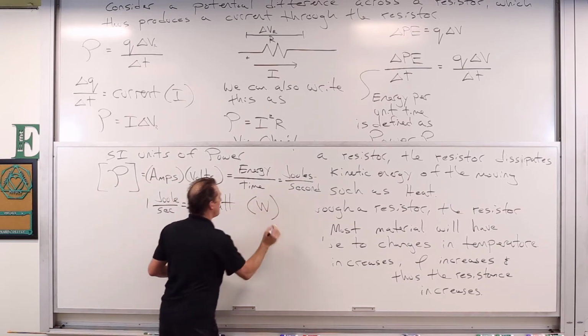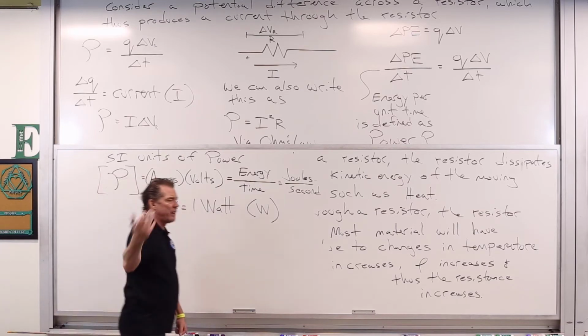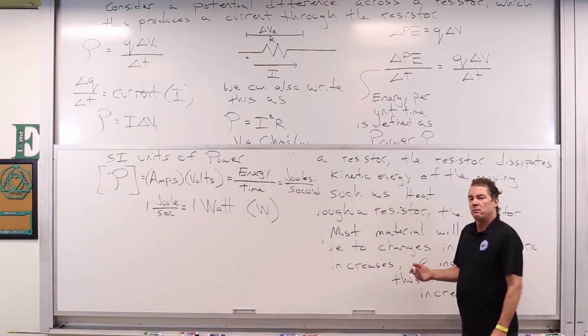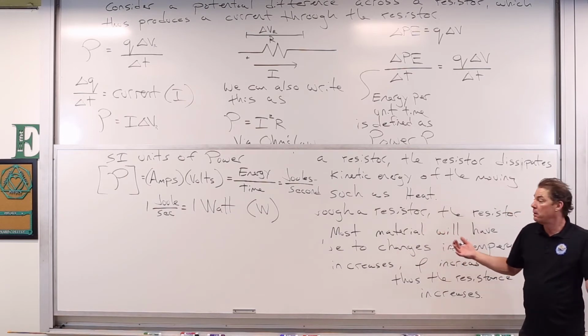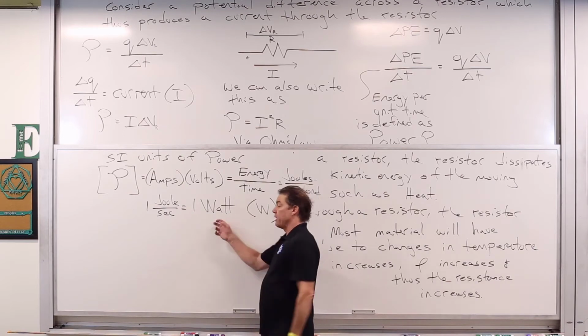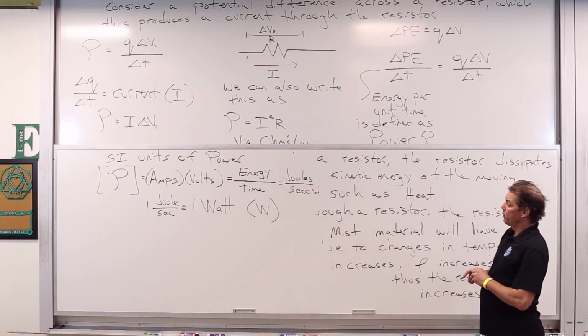Use capital W. So the SI units of power are the watts. You say this is a 50 watt light bulb. That means that it used 50 joules of energy per second. That's what that means. So this is how we generally talk about energy per unit time in electrical systems.